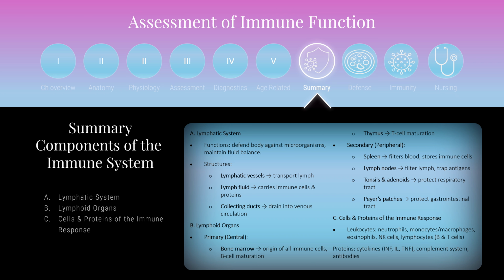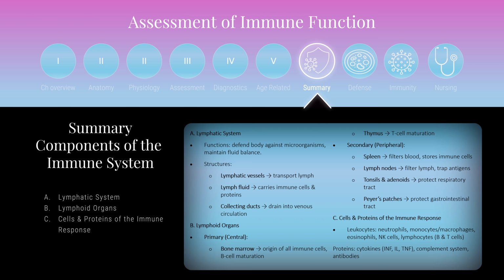The lymphatic system's function is defense against microorganisms and maintaining fluid balance. Its structure is lymphatic vessels that transport lymph. Lymph fluid carries immune cells and proteins. Collecting ducts drain into venous circulation.